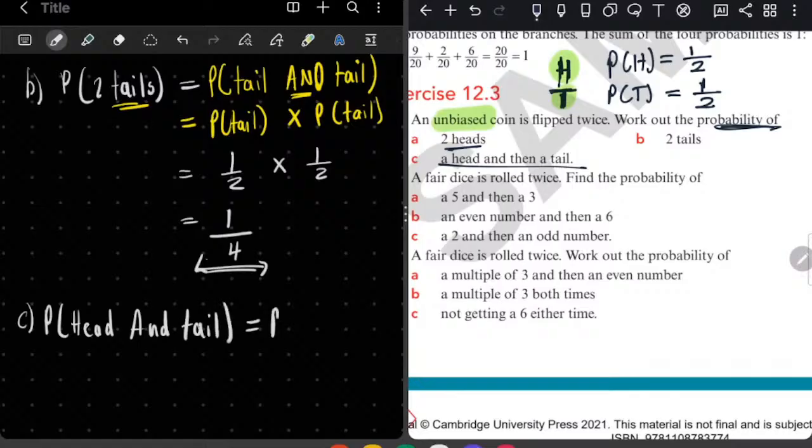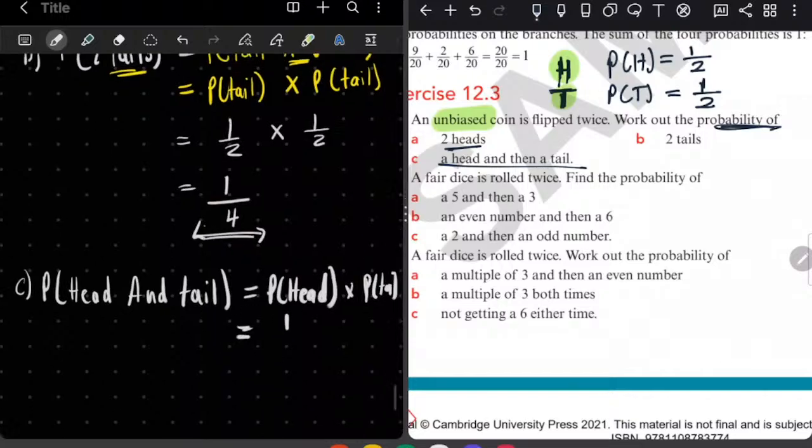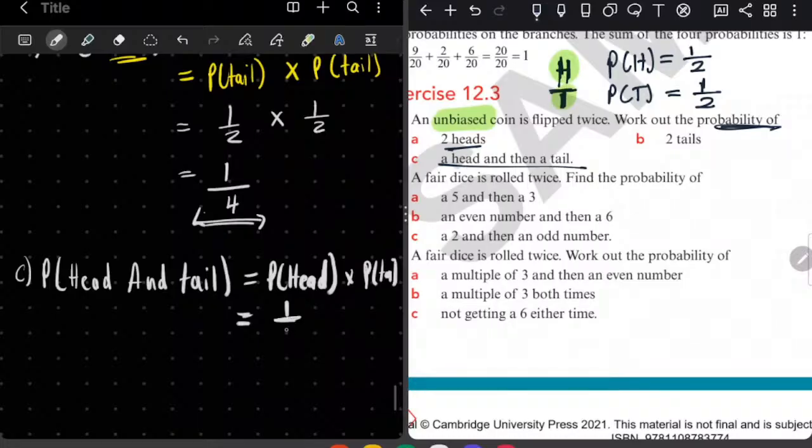It's going to be probability of head. Then when we do and, what do we do? Multiply. Then probability of tail. Probability of head on a coin, what is it? Half. Well done. Times probability of tail on a coin, what is it again? Half. We multiply 1 times 1, 1 over 2 times 2, 4.